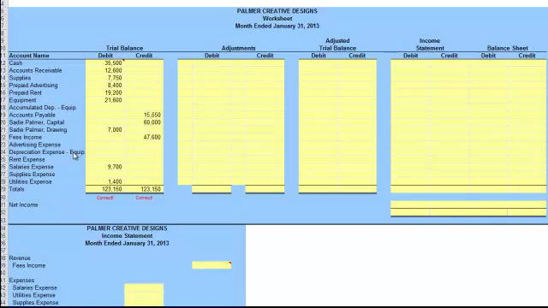So the first adjustment says that supplies were purchased on January 1st, 2013, and the inventory of supplies at the end of the month on January 31st is $1,100. So we look at our supplies account and we see that when we originally purchased supplies at the beginning of the month, we spent $7,750.